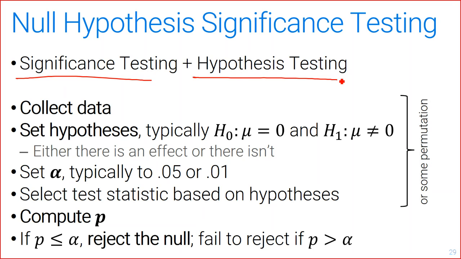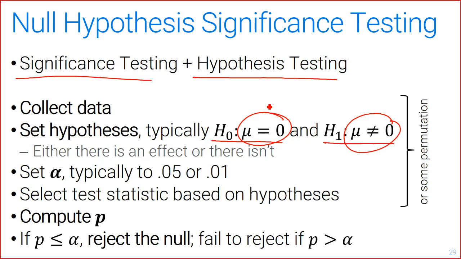We collect the data and set the hypothesis. Typically, it's going to be something like mu equals 0, or mu is different from 0. And one is the opposite of the other. So normally, either there is an effect or there is no effect. That's what we test.